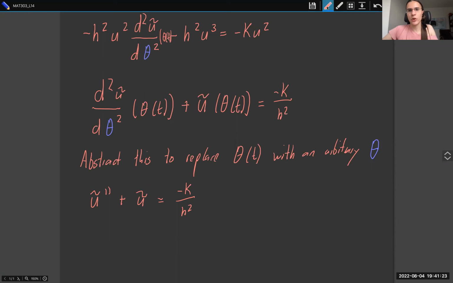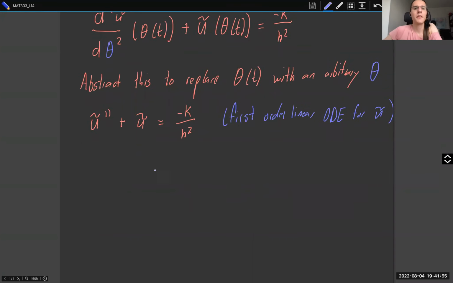And this is the differential equation for u tilde. And it's not just an ODE, it's linear. And we know how to solve this. So now we are going to be able to solve this. Sort of a second order.